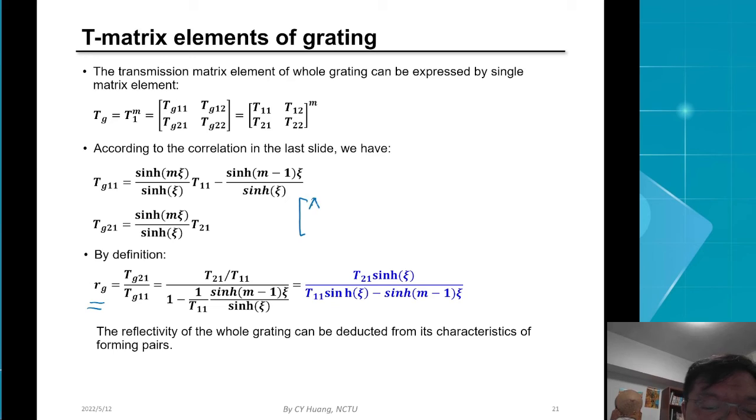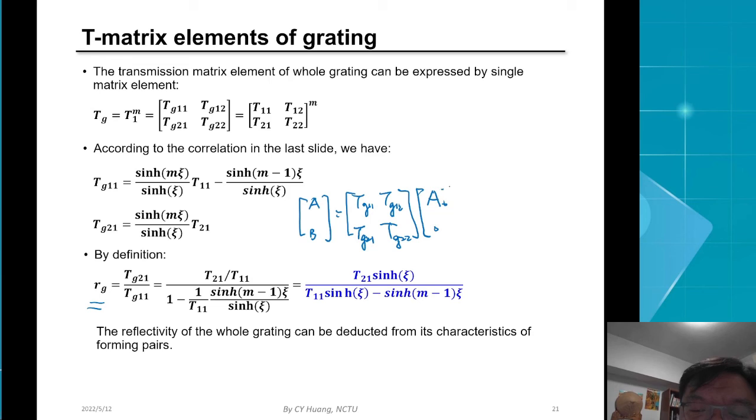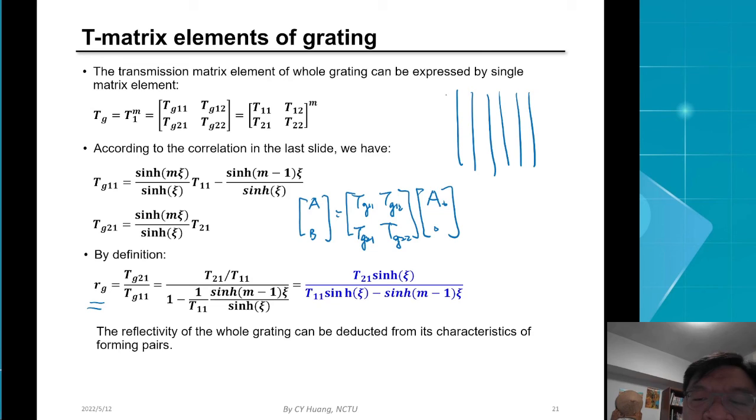This is A, B equal to TG11, TG12, TG21, and TG22, and the input is A0 and 0. That means after propagating, you have A here and B here, but you only have output power A here, and the input is 0.